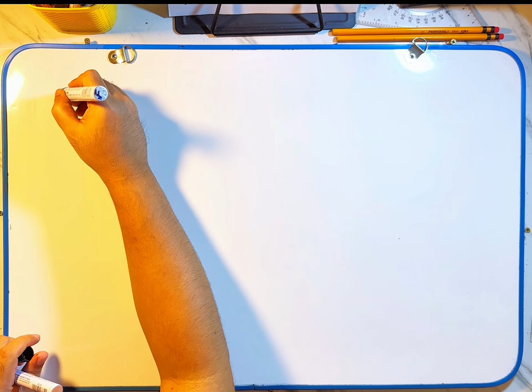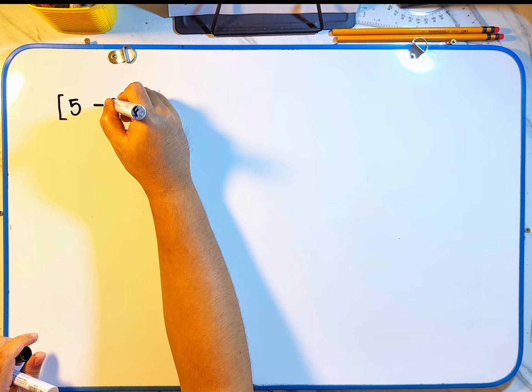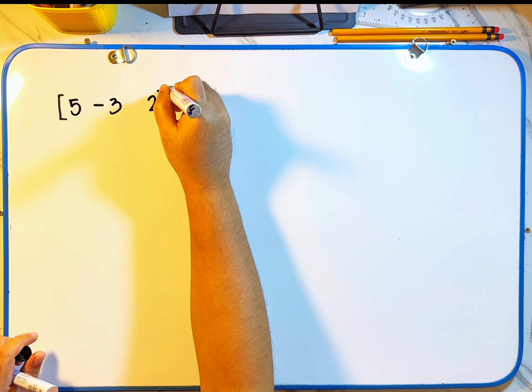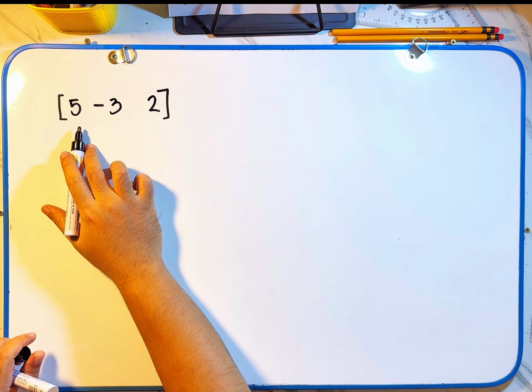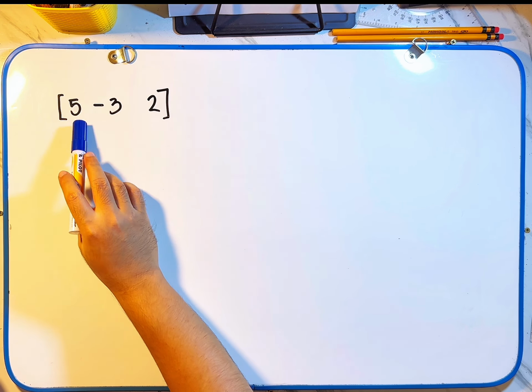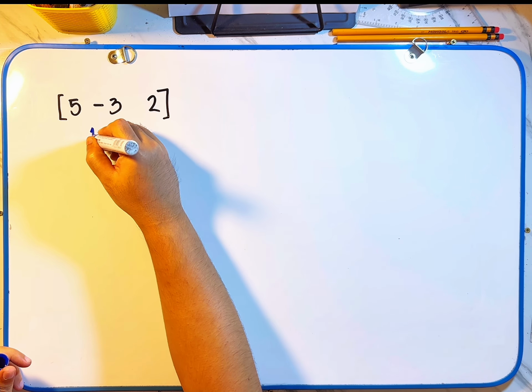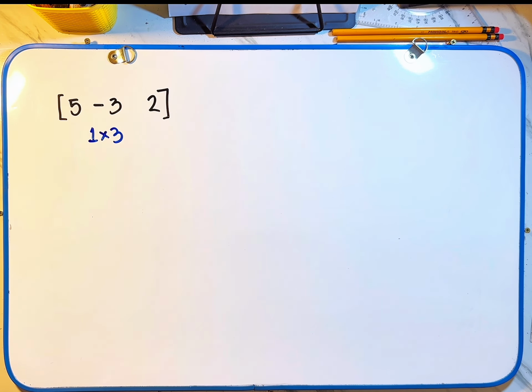Now, let's discuss classifying matrices. So we have a couple classification of matrices based on their dimensions. For example, let's consider this matrix. So this matrix over here, what is the order? There's only one row and three columns. So this is a 1 by 3 matrix.